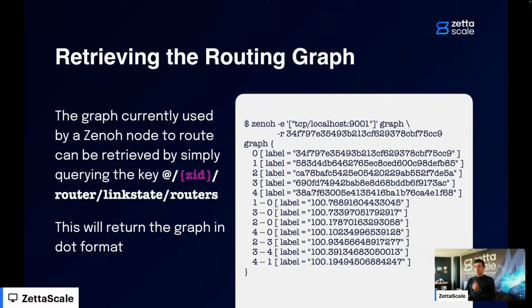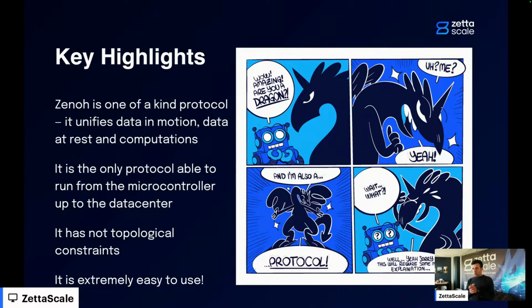As I just showed you, you can retrieve the routing graph. Okay, so here I was running a graph with 5 nodes, and in any case, you can pipe this to dot to create a PNG of the graph if you want. Okay, so that was the last thing I wanted to cover for today.